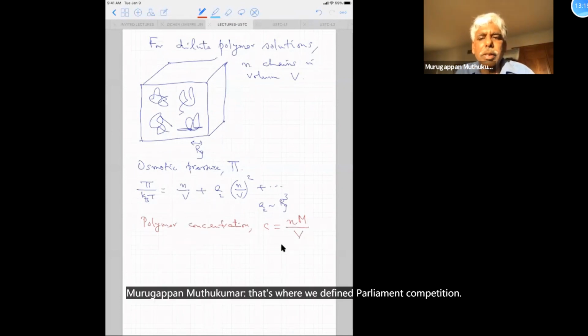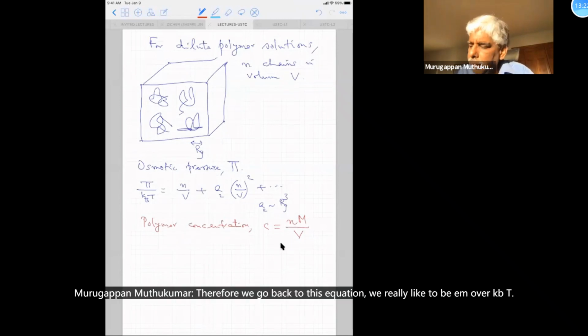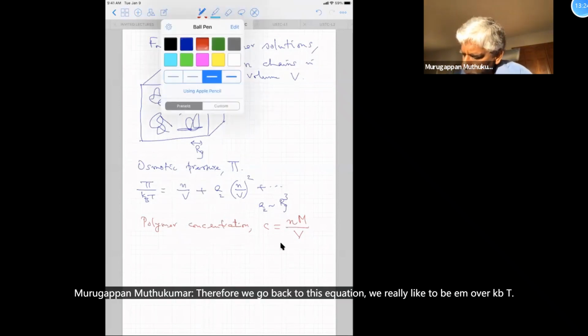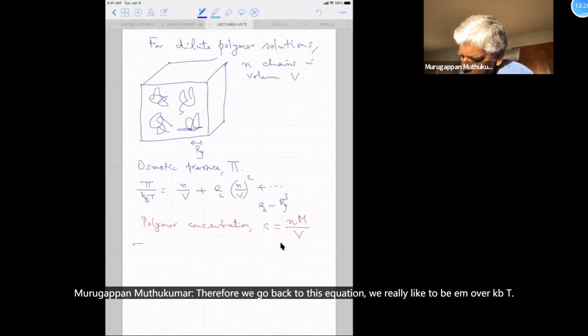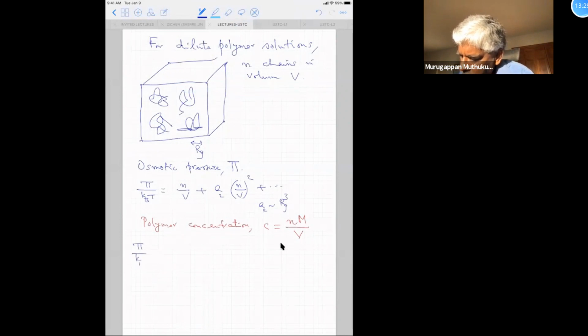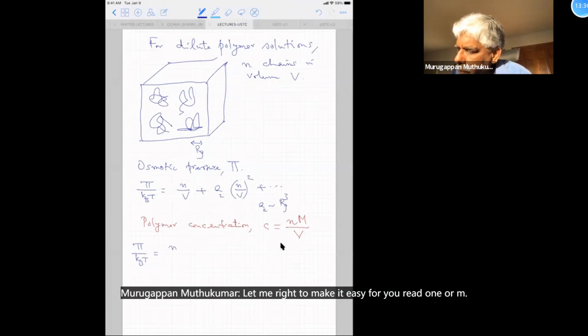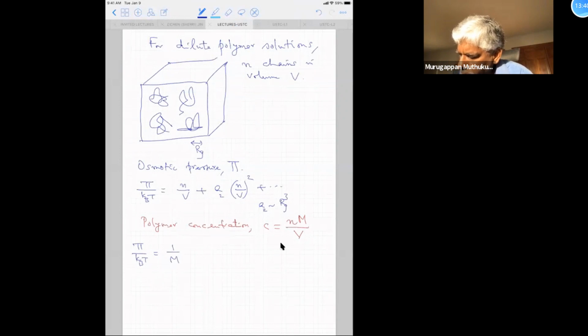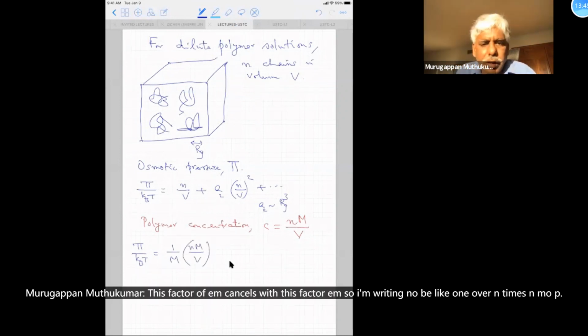That's the way we define polymer concentration. Therefore, we go back to this equation. We really write pi over kBT is equal to N. Okay, let me write, to make it easy for you, 1 over M, N M over V. How about that? Because this factor of M cancels with this factor of M, so I'm writing N over V like 1 over M times N M over V.